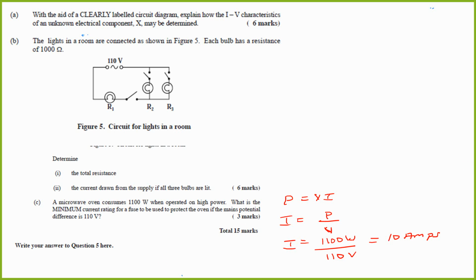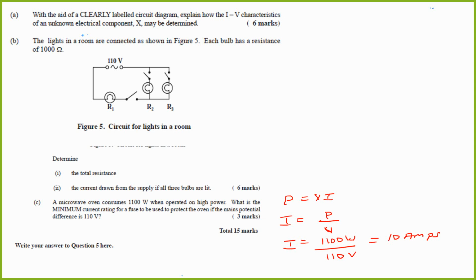Sir, repeat that, please. So just now we found out the current. This current that we find here is related to the current that is required for the microwave to operate.